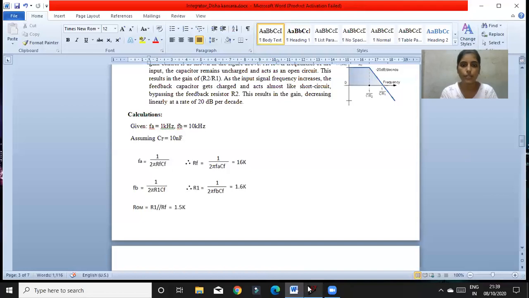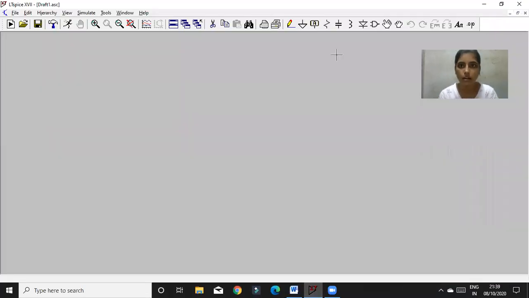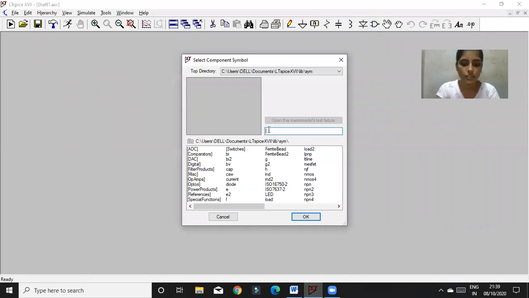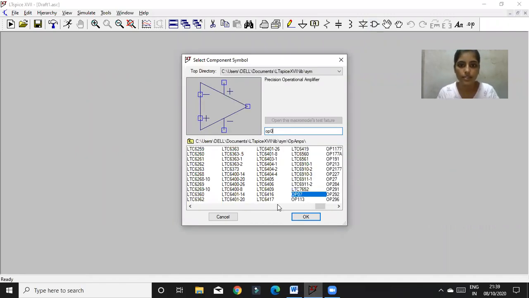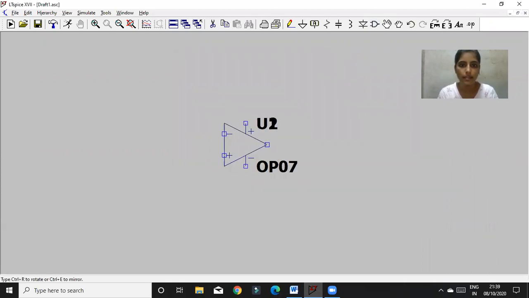So now I am going to implement the integrator here. First of all, I select the op07 op-amp. Then I'm going to select the resistors.